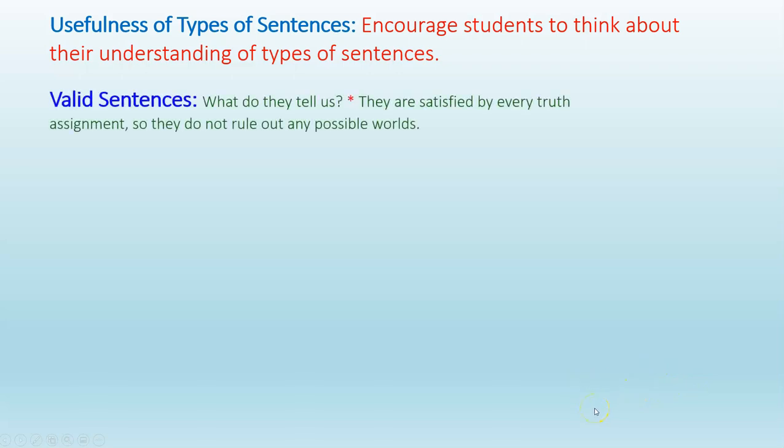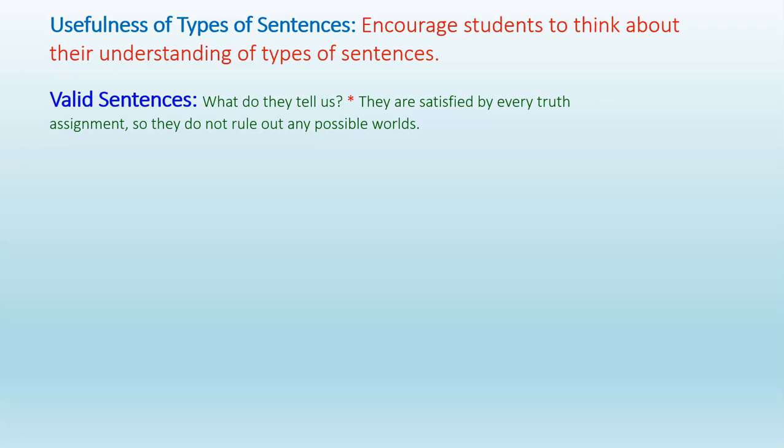So valid sentences, well, what do they tell us? They're satisfied by every truth assignment, so they don't rule any of the possible worlds out. Remember what we did when we were using carnivore world or sorority world? We were trying to rule out some worlds of our 50-something thousand worlds, and we narrowed it down to 4 worlds. So we used sentences that were contingent to rule out some of those.